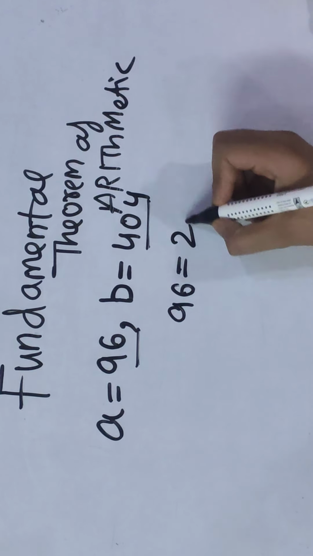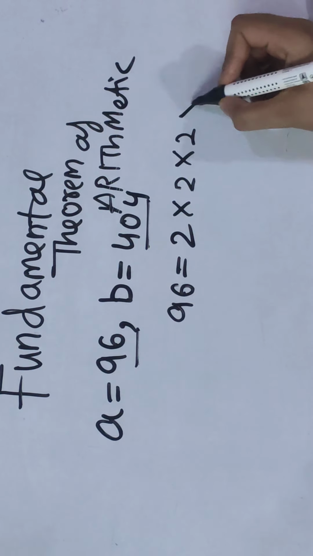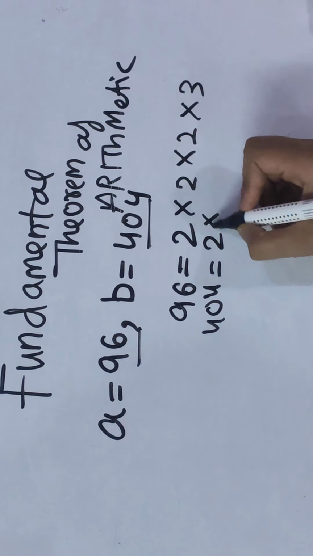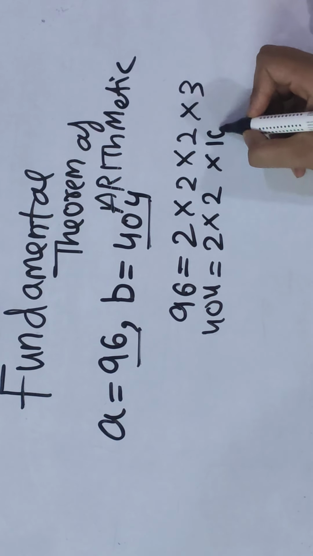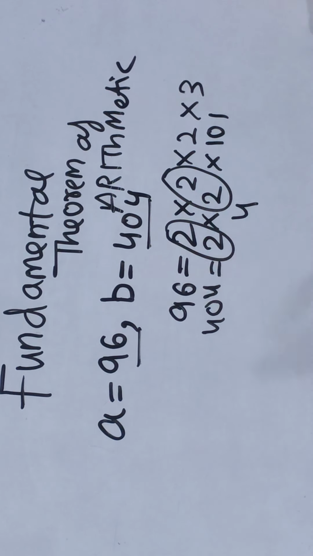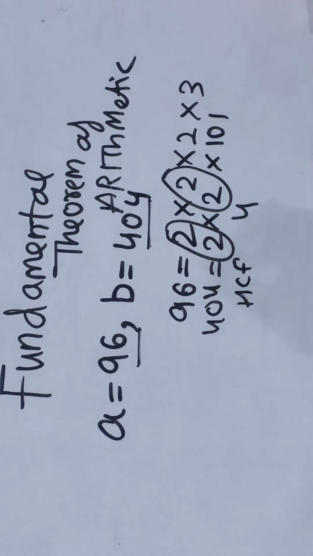96 equals 2 into 2 into 2 into 2 into 2 into 3, and 404 is 2 into 2 into 101. Now this is a pair and this is a pair. It means that 4 is the HCF of 96 and 404. So we have got the HCF, and if we recall the equation, a into b equals HCF into LCM.